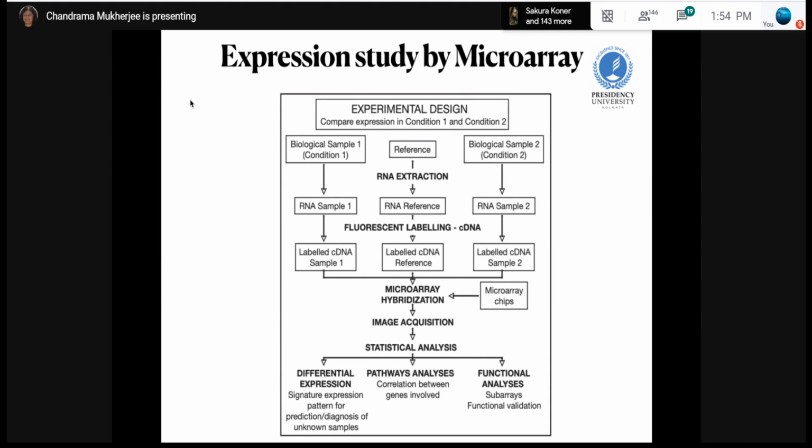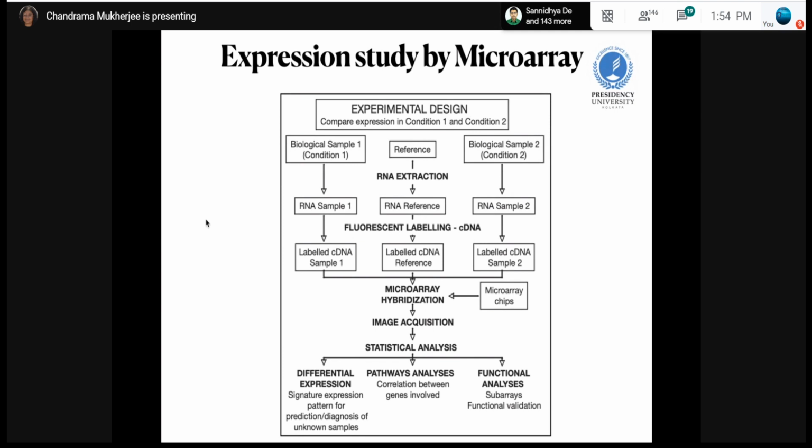Suppose you have isolated microorganisms from two different conditions, then you can extract the RNA from these two different samples, and you should have a reference from which you are isolating the RNA too.